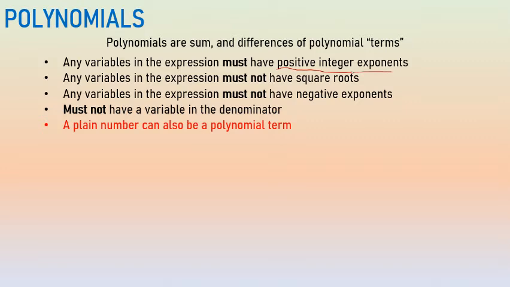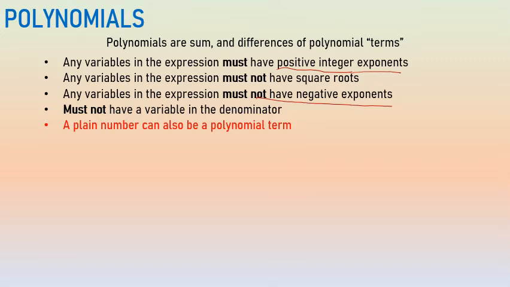Okay? Any variables in the expression must not have square roots. Any variables in the expression must not have negative exponent. This negative exponent is connected to our first property. All exponents in polynomials must be positive.